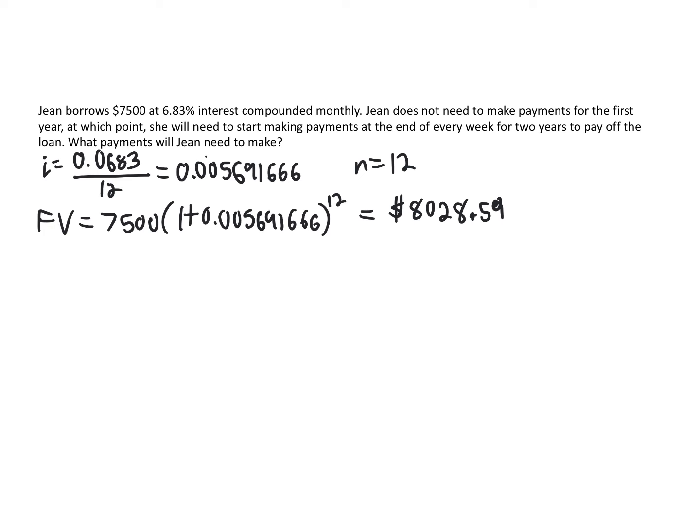Now here, the interest is monthly. That doesn't change. But now she's making payments at the end of every week. It's the end of the week, so it's just a regular annuity, an ordinary annuity, not an annuity due. But we still need to modify and find C and I2.